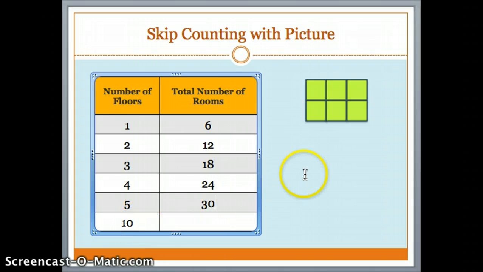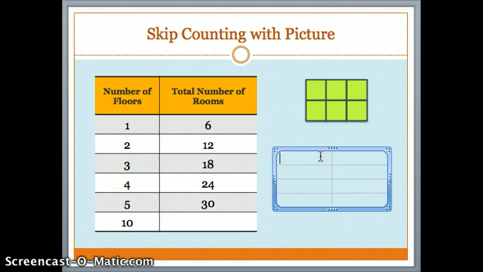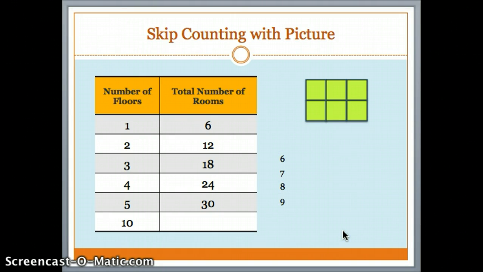To help me figure this out, I'm going to go ahead and put the 6th, 7th, and 8th floors, and the 9th floor too, over here on the side so I don't lose track of counting. So 6, 7, 8, 9, and I'm going to keep skip counting.